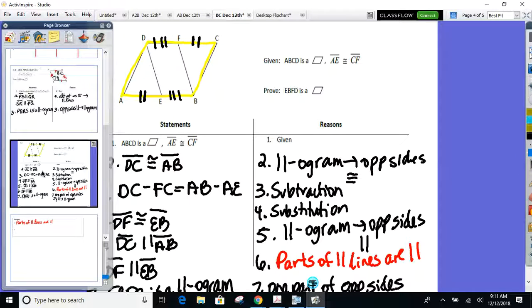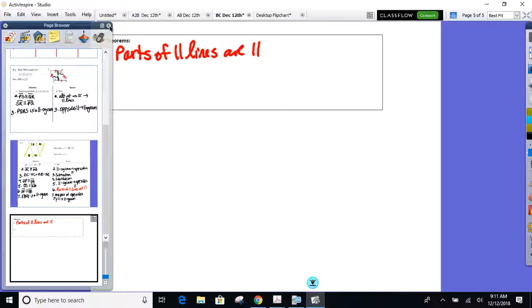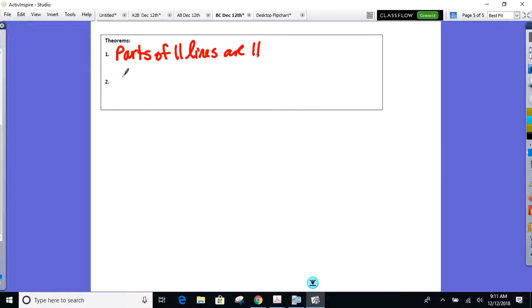So basically, in our last proof, if you knew DF and EB were parallel and you wanted to get the longer segments parallel, your answer is you're darn right there is. Except I don't use the word parts. I use the word extensions. Extensions of parallel lines are parallel if you want to go from smaller to bigger. All right, use those. They're great. Use them a lot. Those two shortcuts.